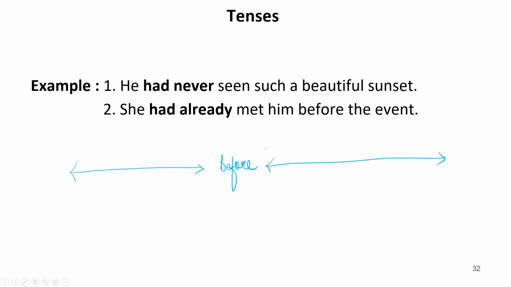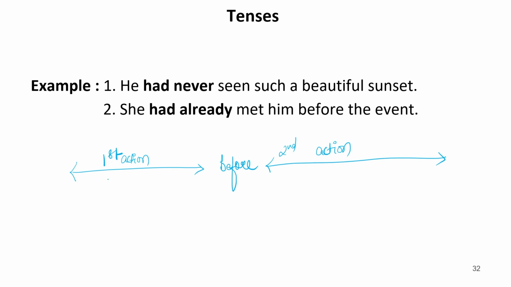Two actions can be shown here: one that was the first action that happened earlier, then the one that happened later on, but both have happened. One is earlier than the second action. So this we call the first action and this the second action.